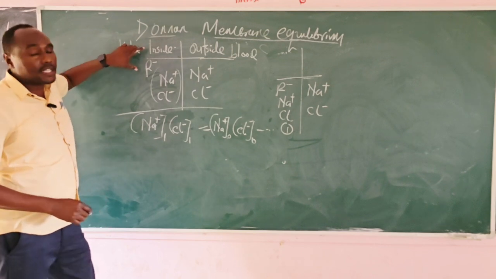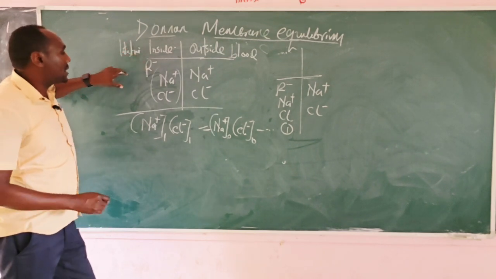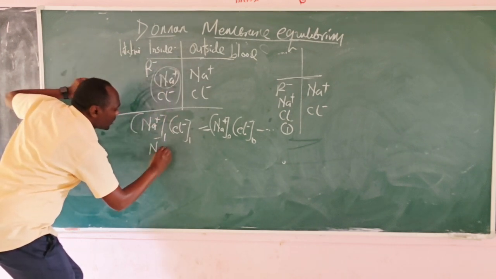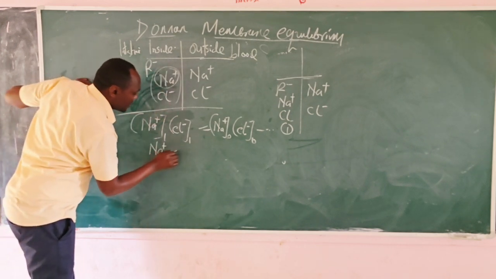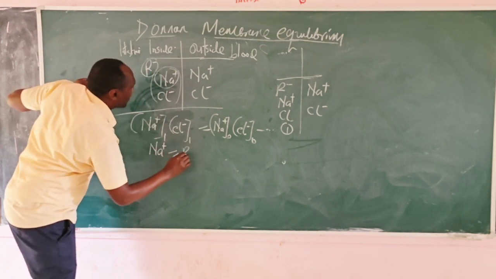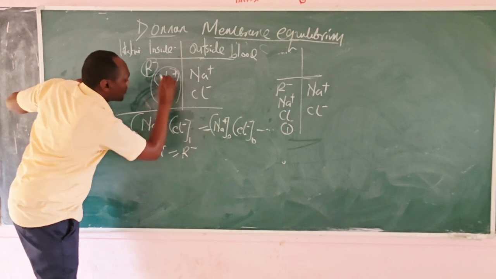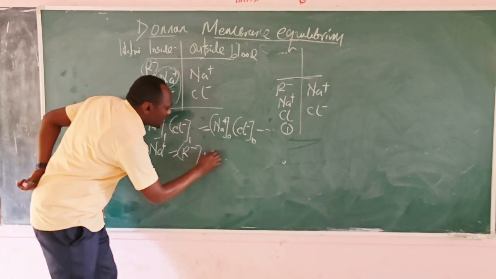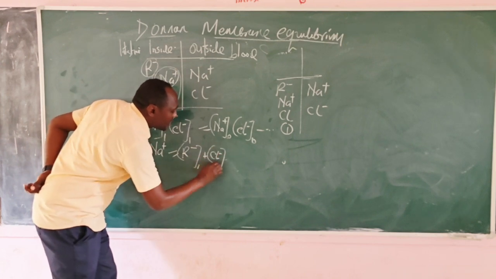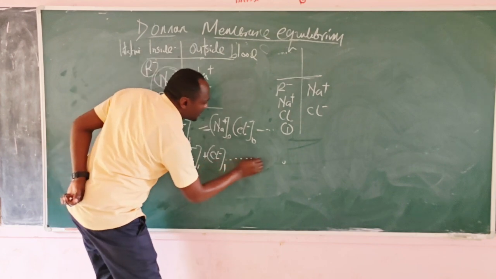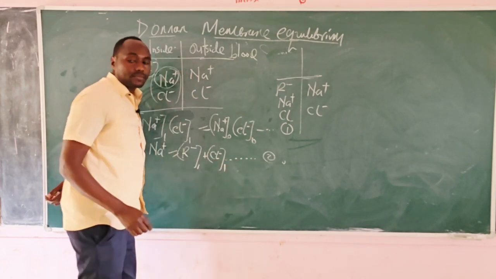Now, if you look inside the membrane, the sodium ion concentration is going to be equivalent to R, this polymer inside, plus the chloride ions inside. This one we are going to say is equation 2, right?